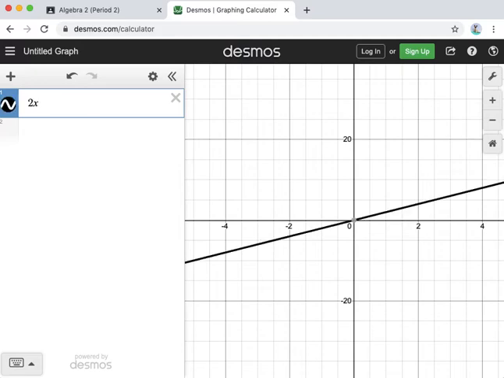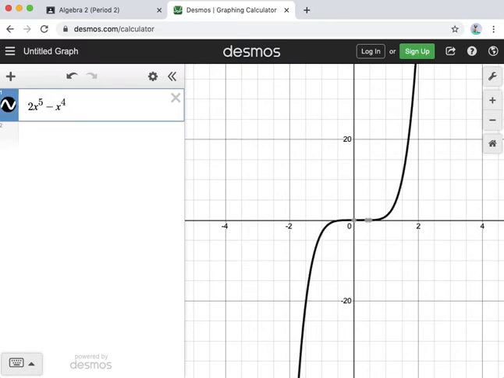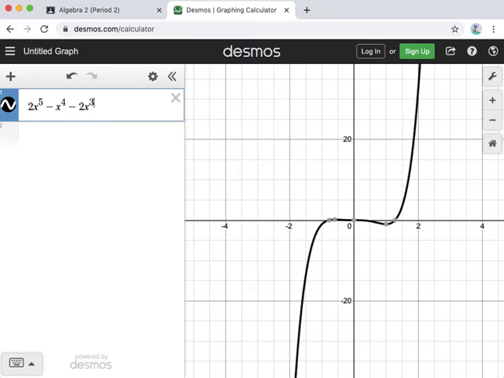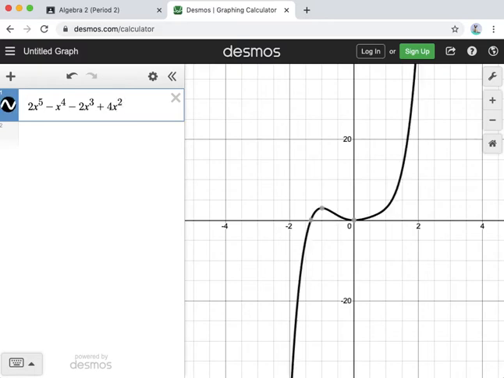So we type in 2x raised to the 5th minus x raised to the 4th minus 2x raised to the 3rd plus 4x squared plus x plus 3.